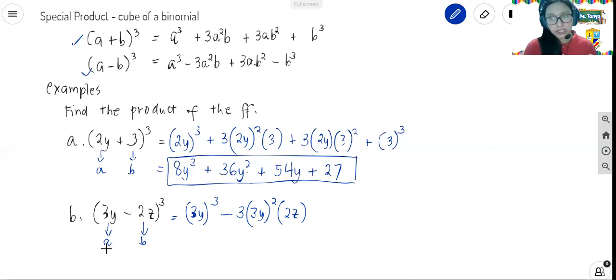But if you want to put the negative, don't write minus in this part, write plus. To avoid confusion, just follow the pattern. So plus 3 times A, that's the first, times the square of the last, minus the cube of the last.